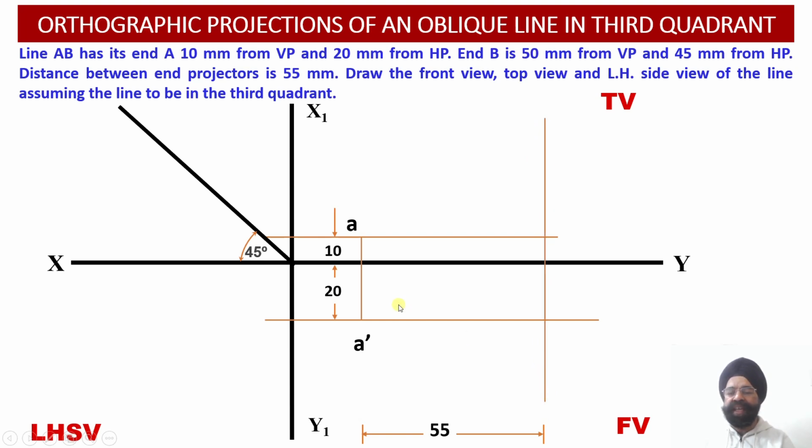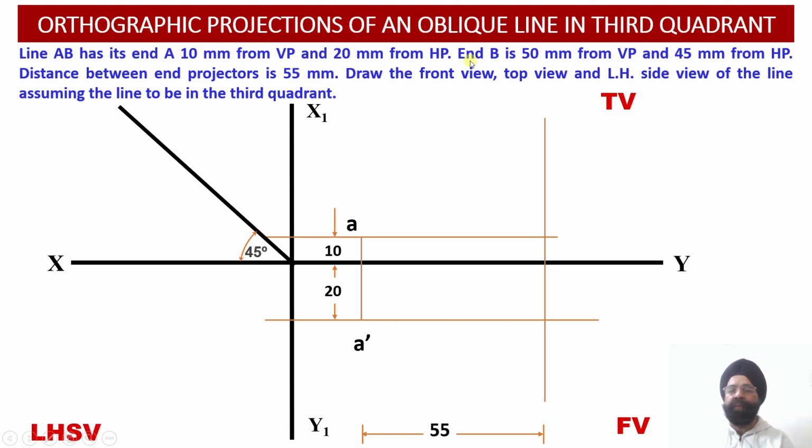So once we mark this distance of 55 millimeter, we are going to draw another vertical projector line at a distance of 55 millimeter from the projection line corresponding to the point A. That is, onto this particular vertical projector line, the front view and the top view corresponding to the end B of the line will be located.